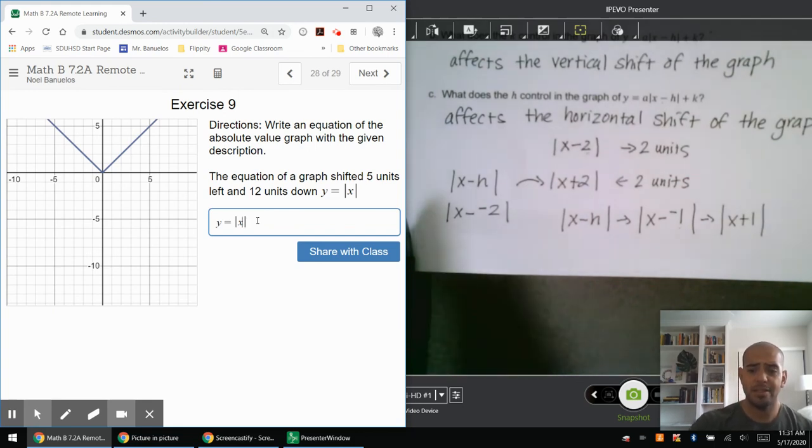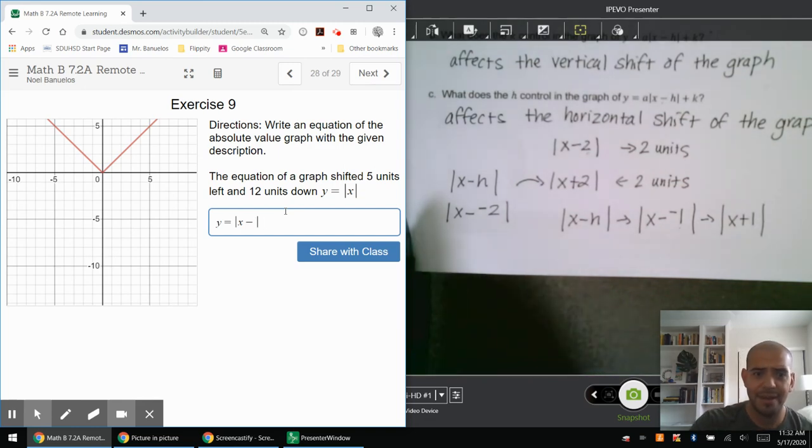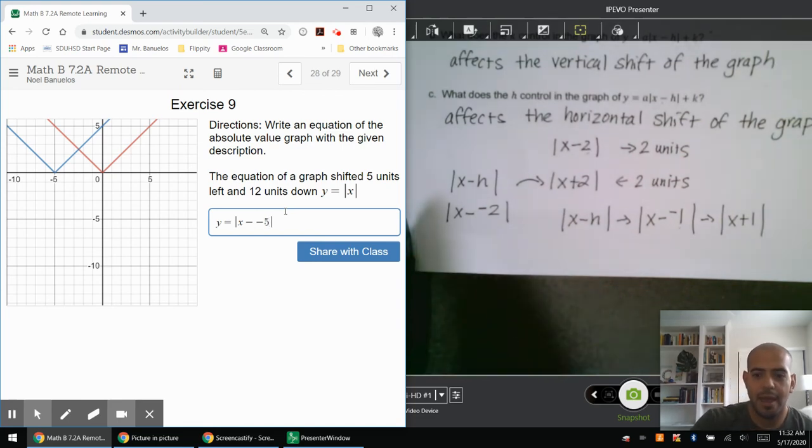So remember, it's always minus h. The h value controls left or right. If I wanted to move to the left 5, I'm going to type in -5. Now remember, you wouldn't put x minus -5. You would write x plus 5.